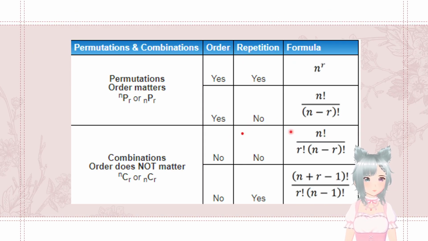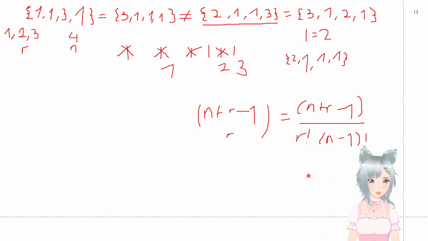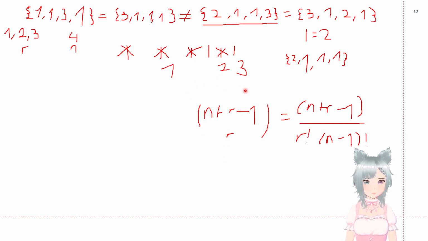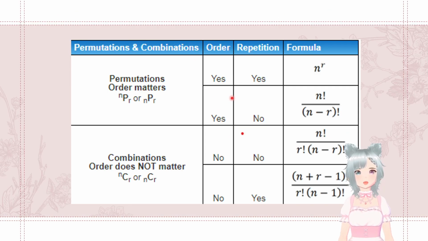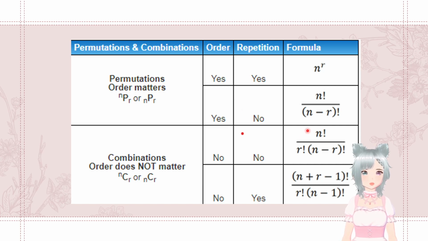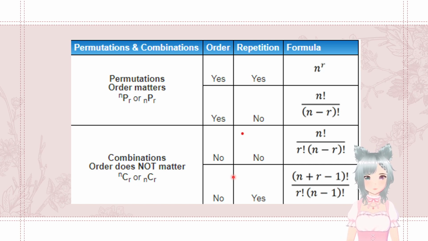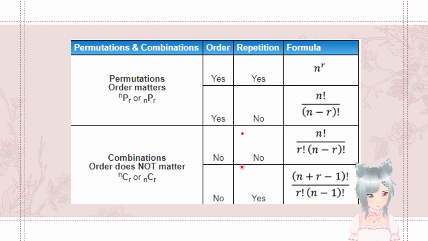And then I just want you to remember that this is how we write it down: n plus r minus 1 choose r. Sorry, I always want to say over, but choose r. N plus r minus 1 choose r to calculate any combinations where we have repetition.